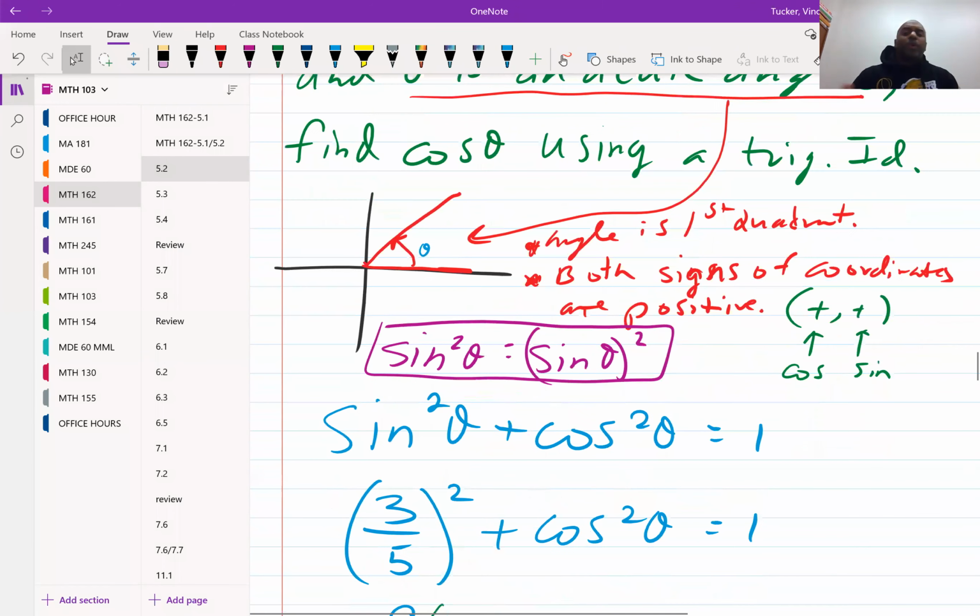All right, so we can go ahead and plug those into that first Pythagorean identity. Sine squared plus cosine squared equal to 1. So sine is 3/5, so it'd be 3/5 squared plus cosine squared equal to 1.